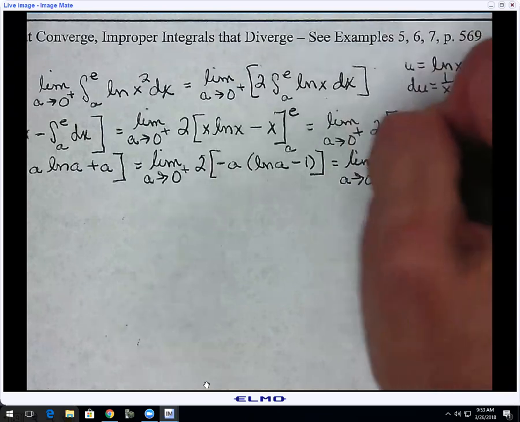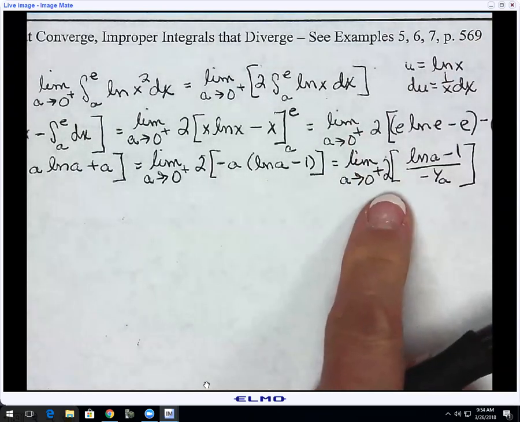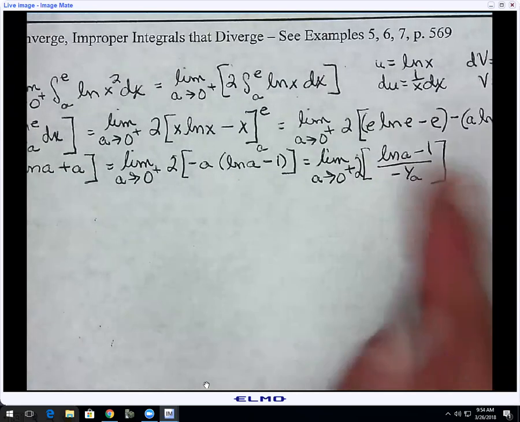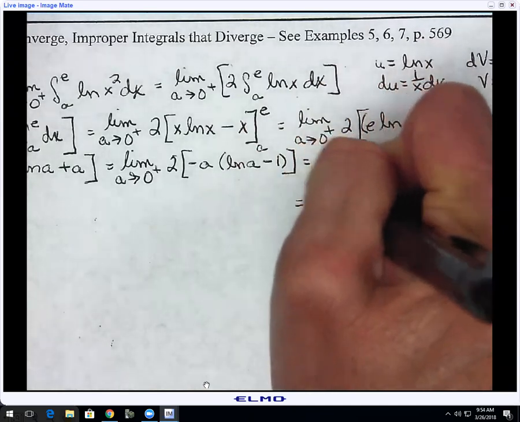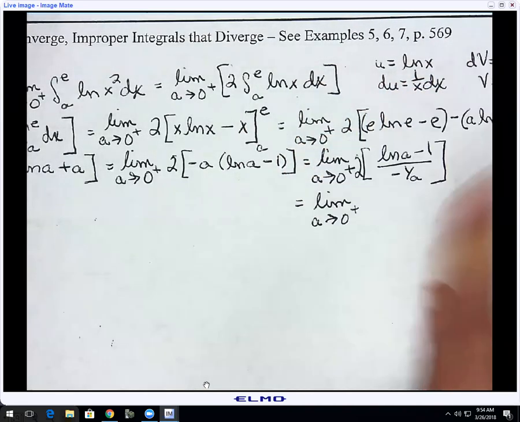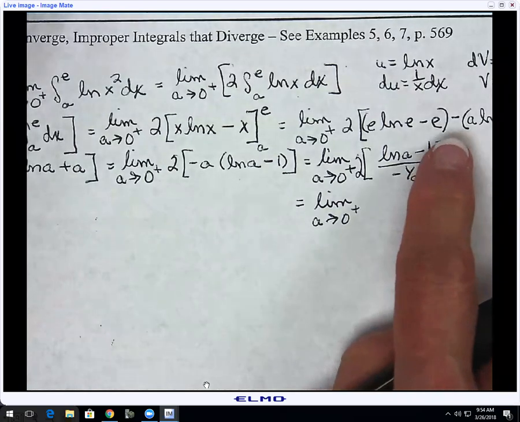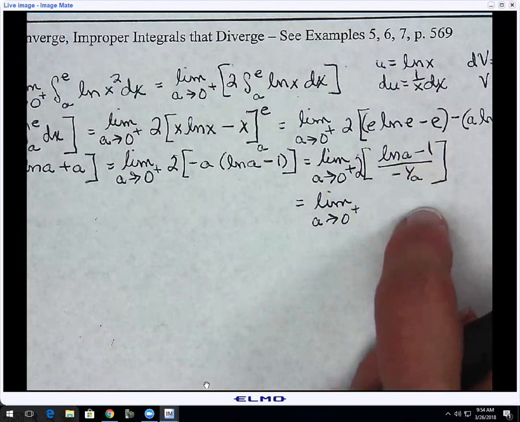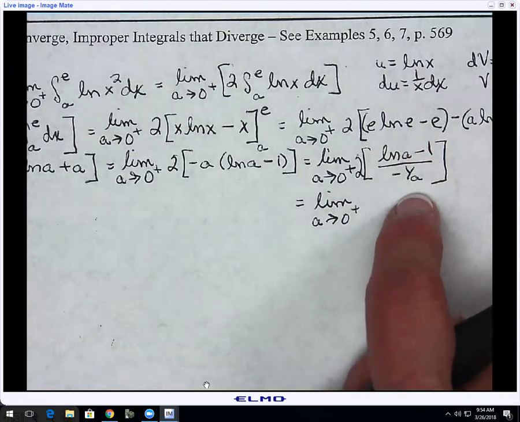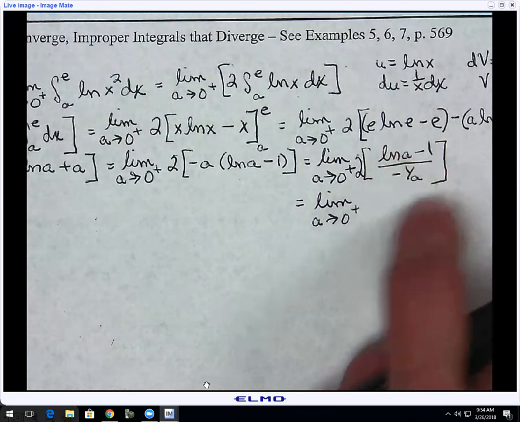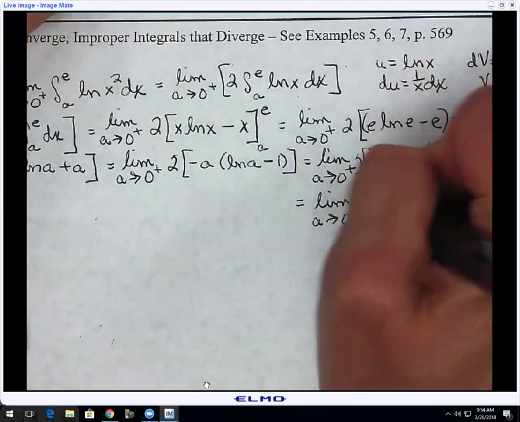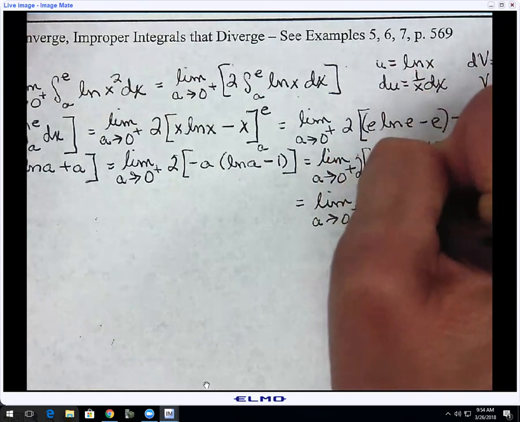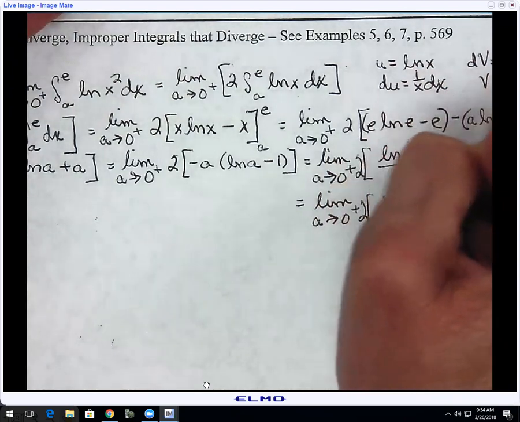And I lost my 2 again, but I'm looking out for it. The reason that turned out to be a very handy tool with L'Hopital's rule is that by direct substitution now, we would have negative infinity over negative infinity. That's why we can use L'Hopital's rule on that and say the derivative of the numerator would just be 1 over A, and the derivative of the denominator would be what?